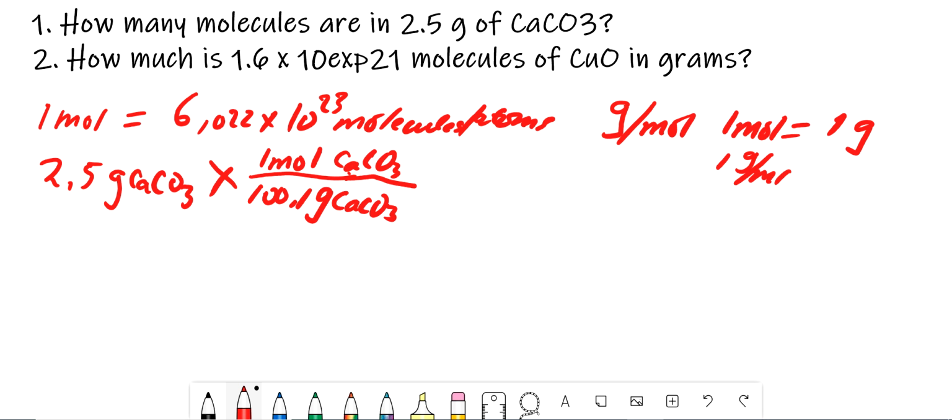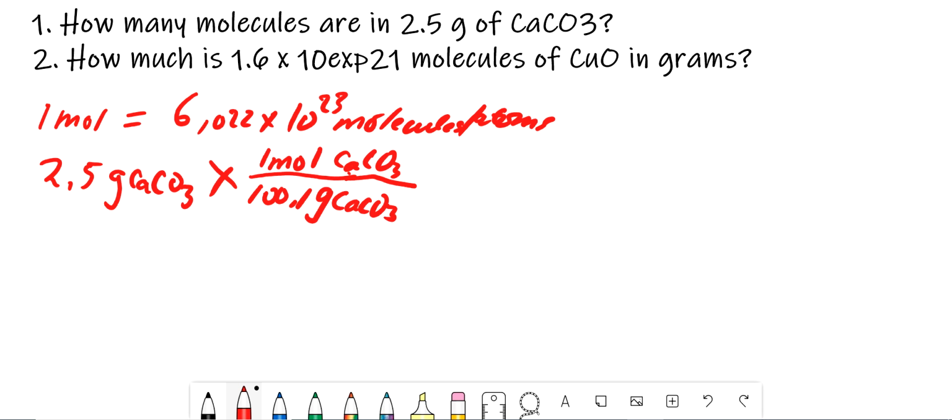So molar mass is the mass of 1 mole of a substance. I can also put this the other way around. Since they are equated here, it will still be the same thing. We do this to make sure that the units cancel out so that you are left with moles. Okay, so let's continue.